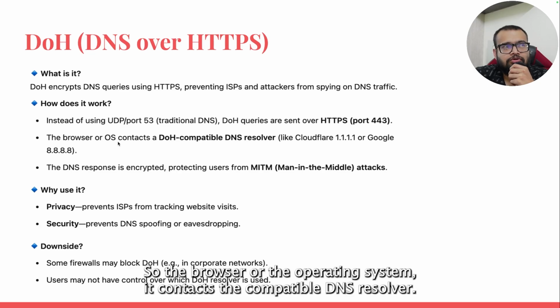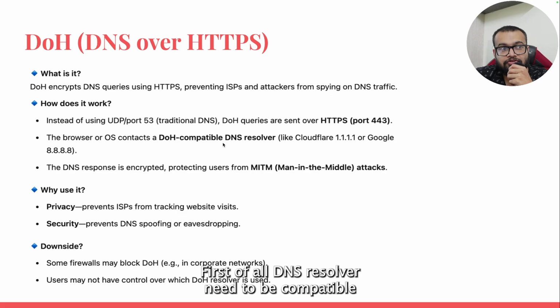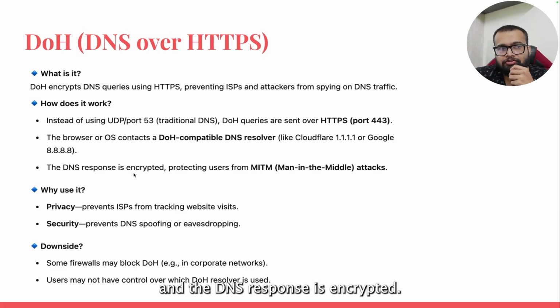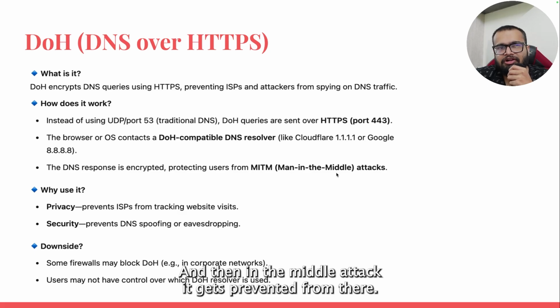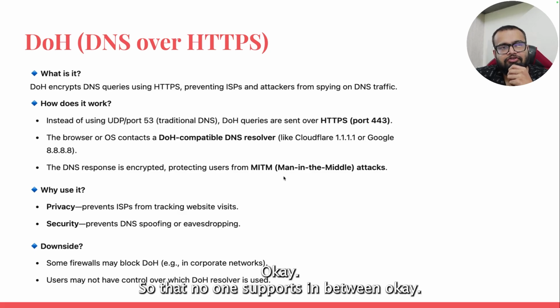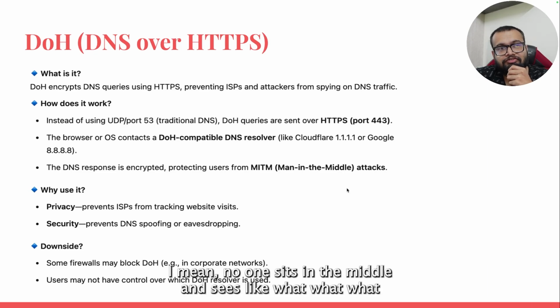The browser or the operating system contacts the DoH-compatible DNS resolver. First of all, the DNS resolver needs to be DoH compatible, and the DNS response is encrypted, so the man in the middle attack gets prevented. No one sits in the middle and sees the request or response.